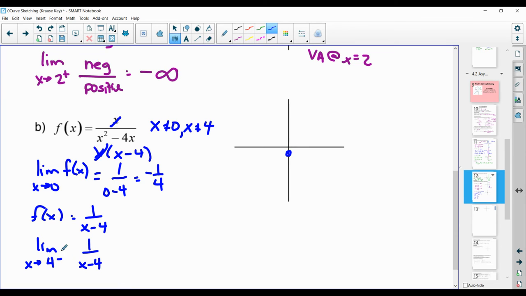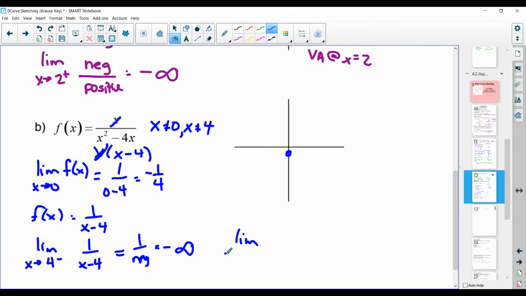Well, if I take any numbers to the left of 4, think as we get closer and closer, we're going to have smaller and smaller numbers getting close to 4. So negative 4.0001, negative 4.000001, and so on. But if we plug in those numbers, we're going to have a negative number on the bottom. So it's going to be 1 over some negative number. And so that means we're going to have negative infinity.